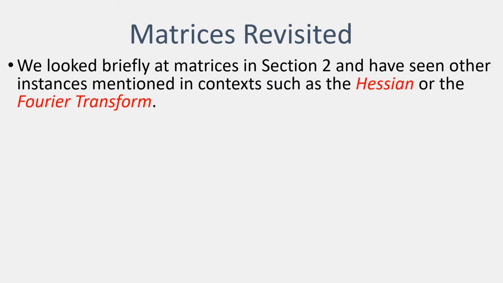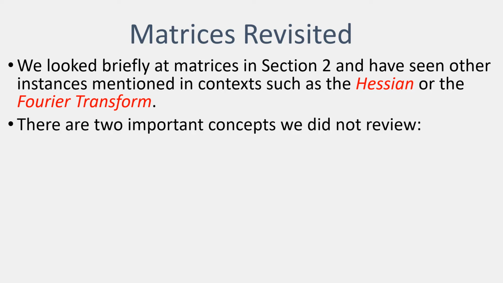So let's have another look at matrices. We briefly introduced some ideas involving matrices in the second section of the module. And we've also seen ideas such as a Hessian when we were looking at partial differentiation and optimization problems, and in ideas such as the Fourier transform in one of the applications of complex numbers.